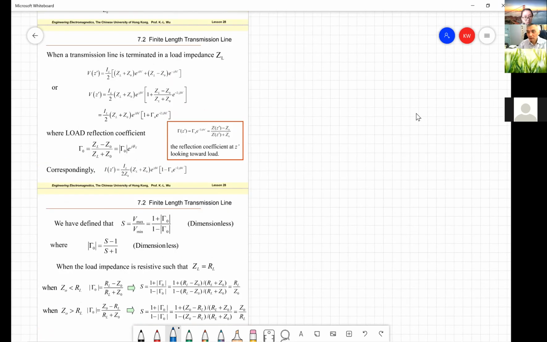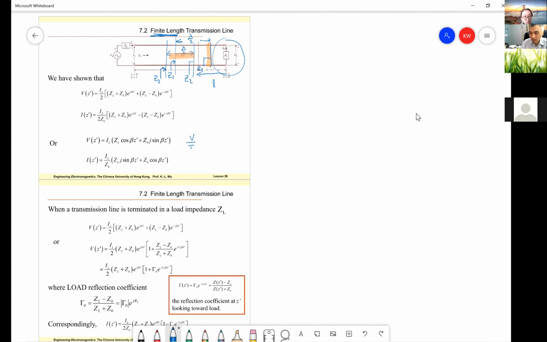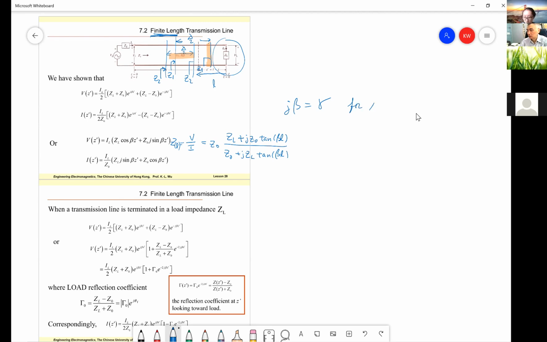This property, if we divide voltage by current, we define this as the impedance at distance L. That is something for the lossless case, where j beta equals gamma for lossless, right?